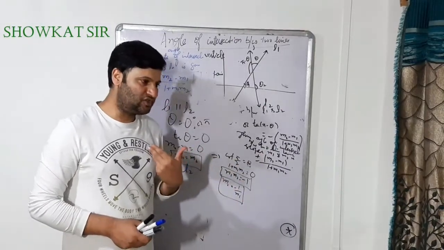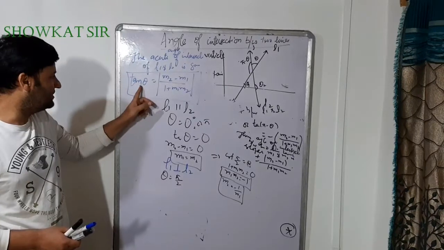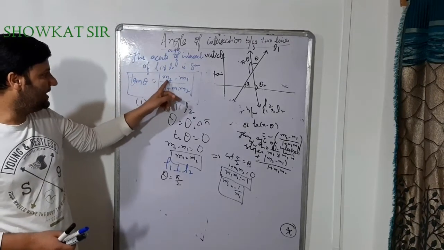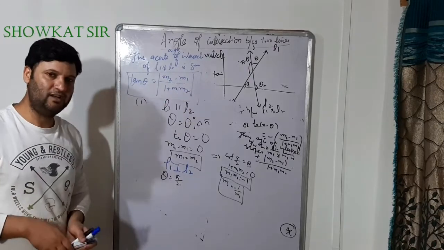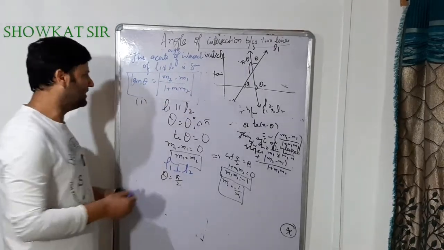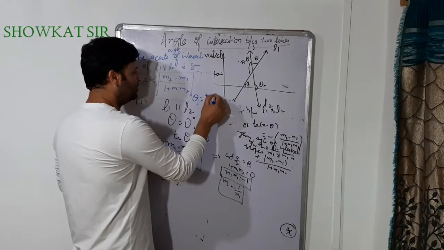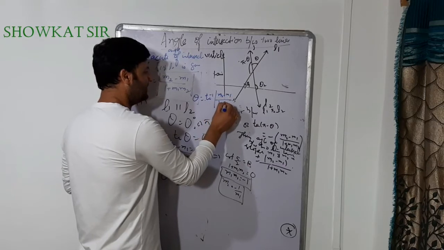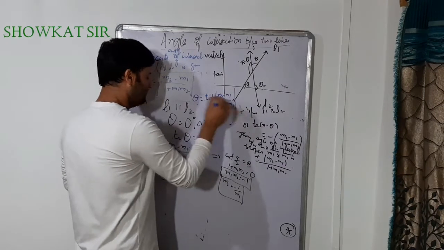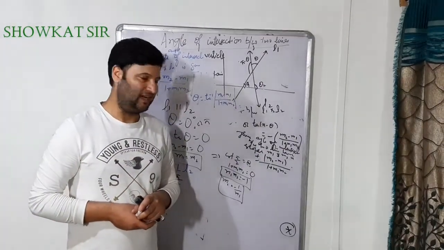And the acute angle of intersection is given by tan theta equal to modulus of M2 minus M1 divided by 1 plus M1 M2. Or you can also write theta is equal to tan inverse of modulus of M2 minus M1 divided by 1 plus M1 M2. So this was all about the angle of intersection between two non-vertical lines.